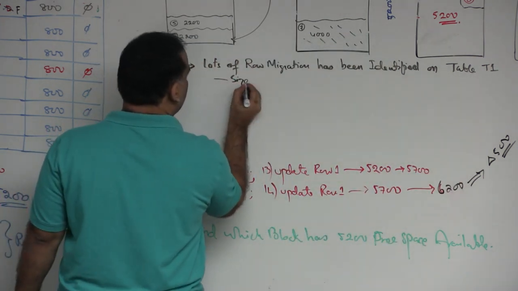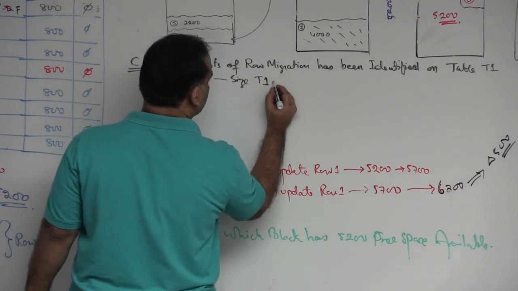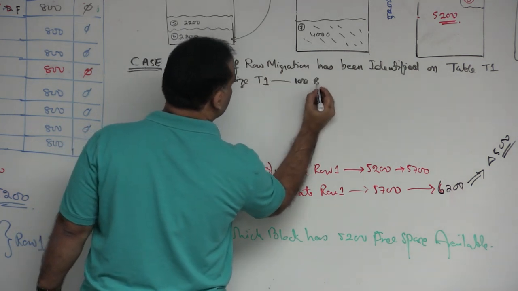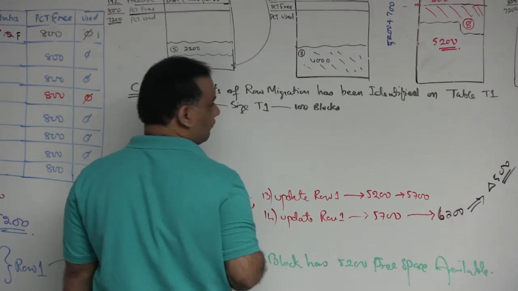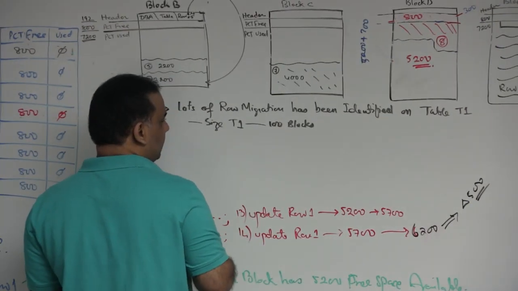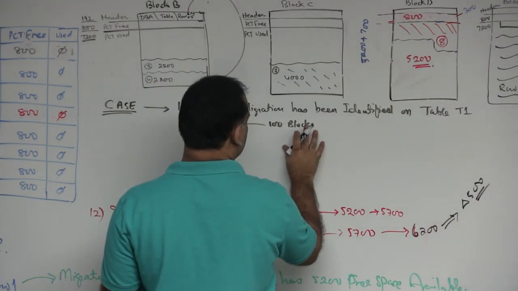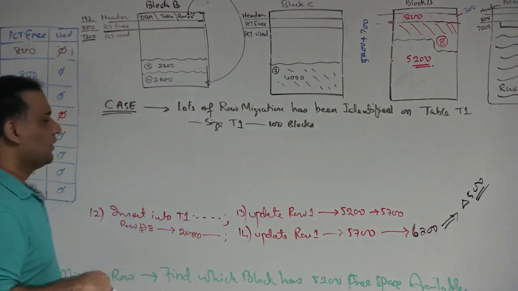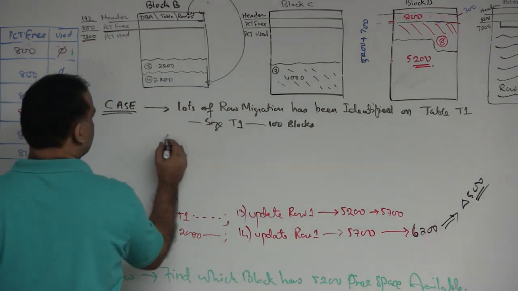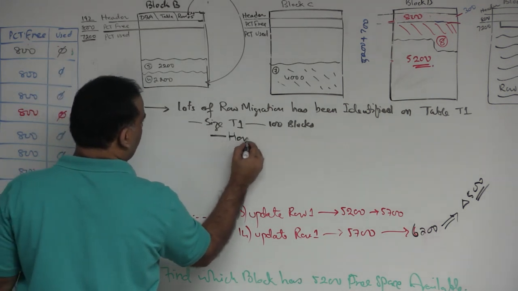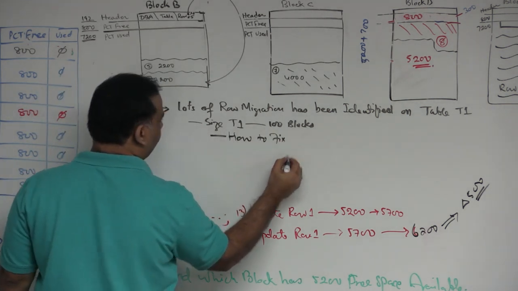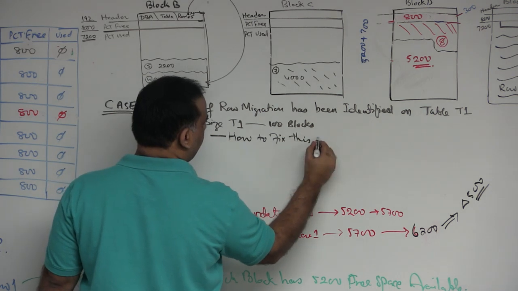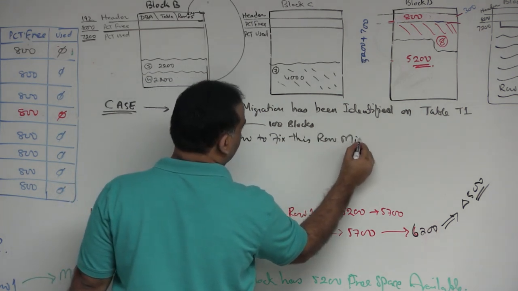Size of T1 has 100 blocks, for example. So 100 blocks of this, and the majority of this is row migration that is happening. So what can I do? How to fix this row migration problem?